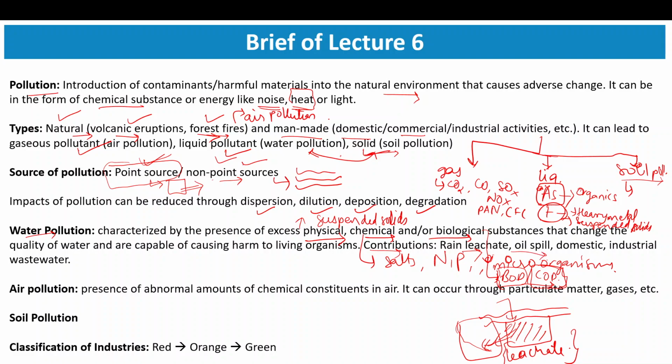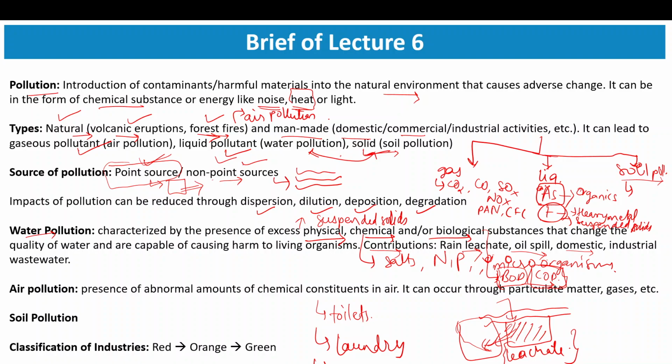Then there can be oil spills. Then there can be domestic pollution in the form of wastewater from toilets, and wastewater generated if you wash clothes, so laundry.